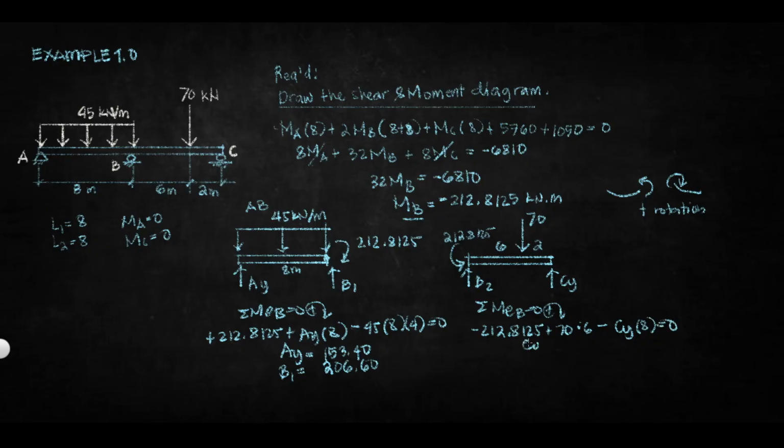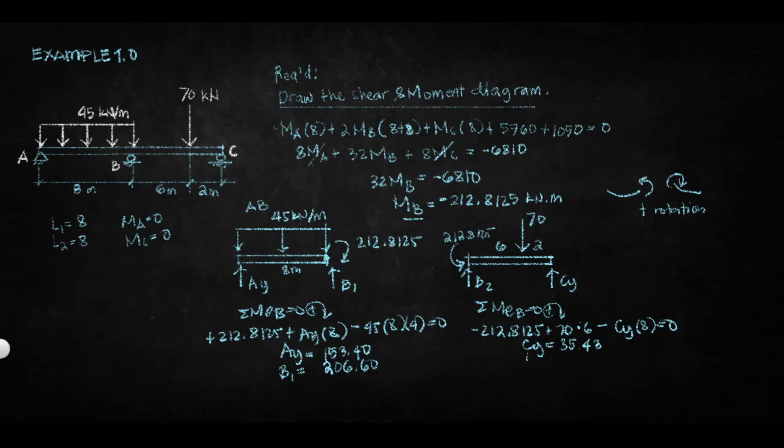So, what is your CY here? Negative 212.8125 plus 70 times 6. Okay, divide lang natin siya ng 8. Which is, ang CY po natin is 35.43.